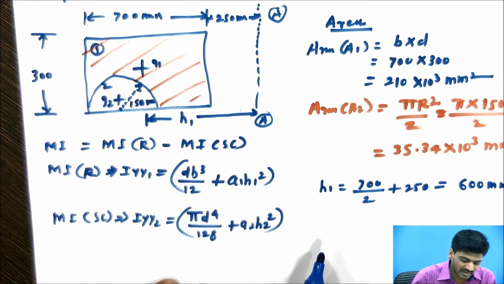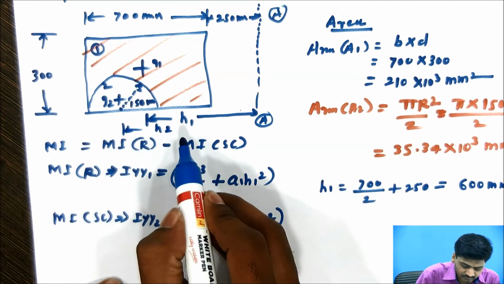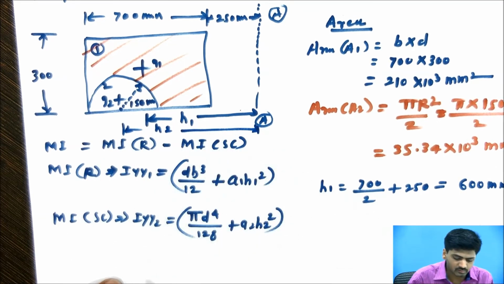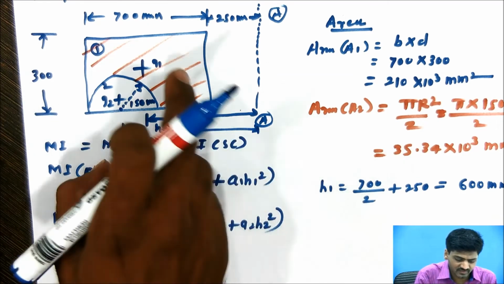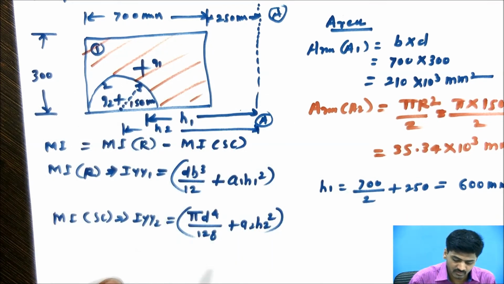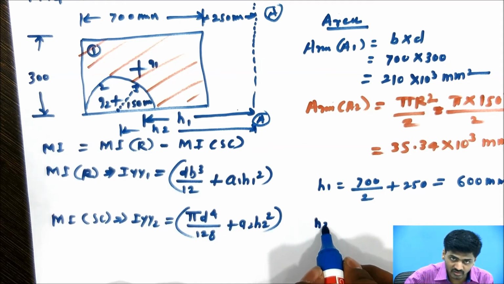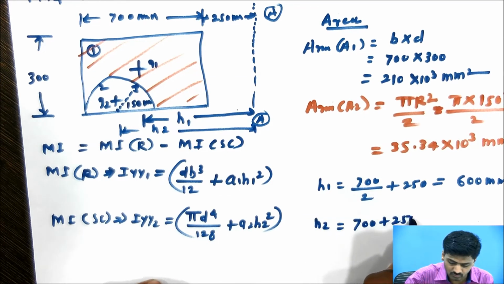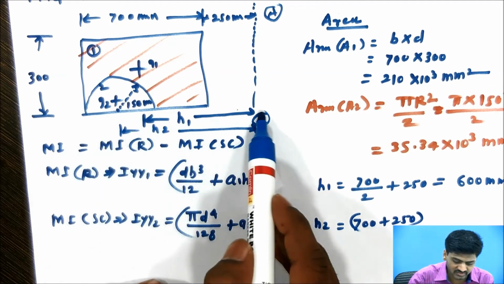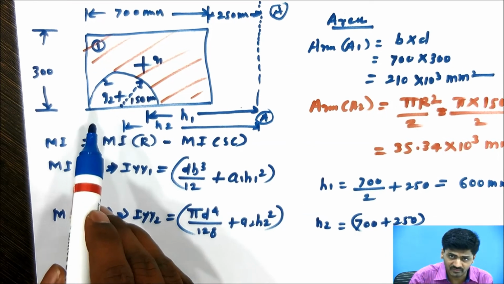Simultaneously you may calculate H2. H2 is nothing but this total distance. How to calculate it now? So total distance, how much is it? 700 plus 250. So H2 is equal to 700 plus 250, means you will get the total distance, minus the radius of this particular semicircle.